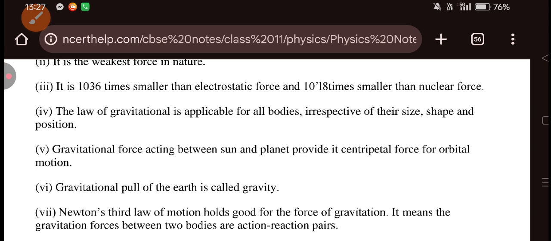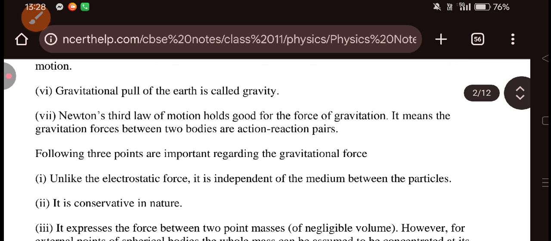Centripetal force is making them move in circular motion. If any object is moving in a circle, it means it is able to move circularly due to centripetal force.